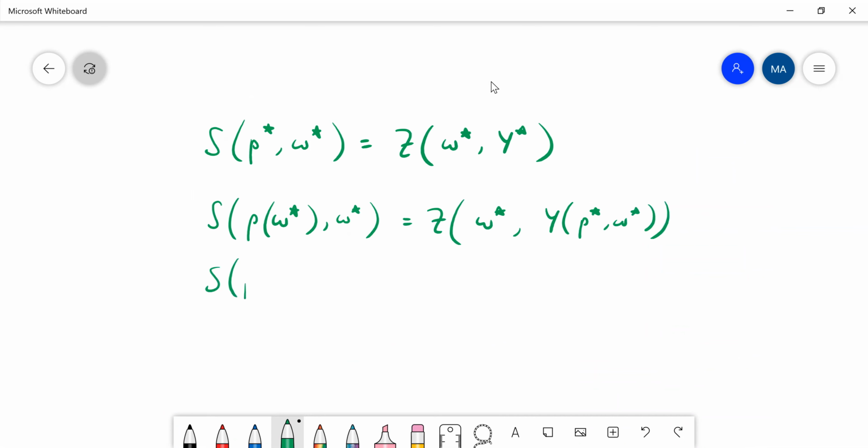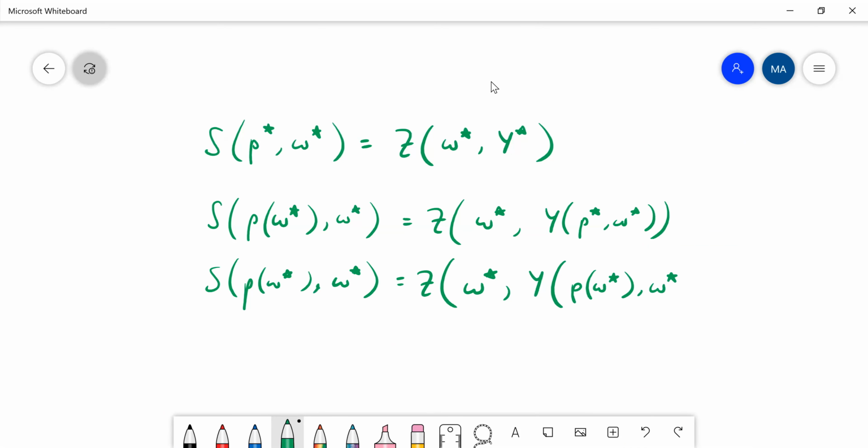But then I also have, careful here, omega star equals z(omega star), y(p, omega star), and this is now a system that has k equations and k unknowns. Okay?